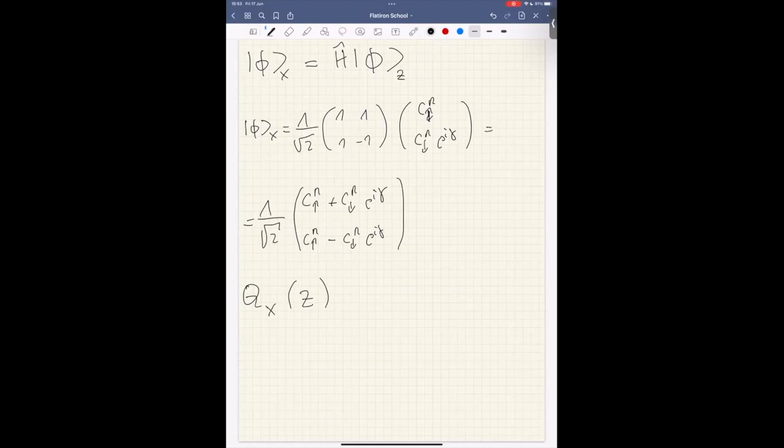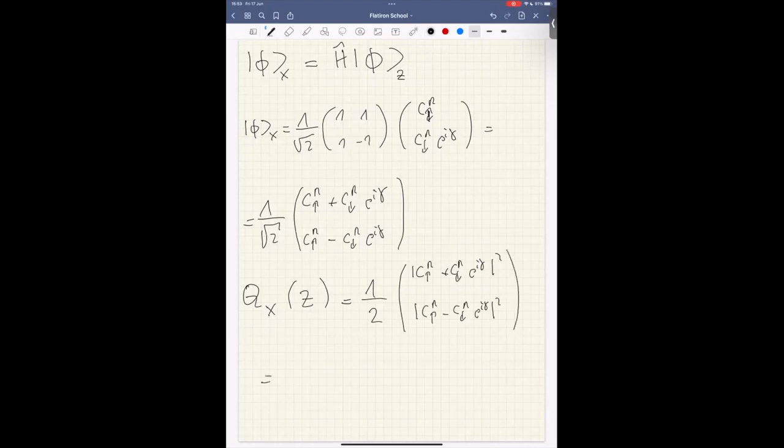So the Z are just the eigenvalues of this operator. Hopefully you don't get confused by that. I'm just getting plus or minus 1 again, but with a different probability. And this probability is just the square of what I just wrote here. So it will be 1 over 2 times |C up R plus C down R e^{iγ}| squared, and then |C up R minus C down R e^{iγ}| squared.